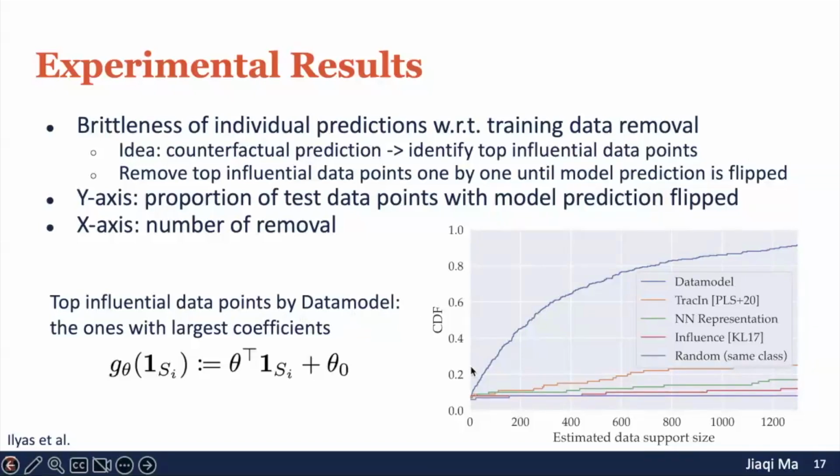So the removal will essentially be removing the ones with the largest theta value one by one. The authors also compared the removal guided by data model with some other baselines, such as removal guided by influence function. And in this experiment, data model appears to be the most effective in terms of flipping the prediction.